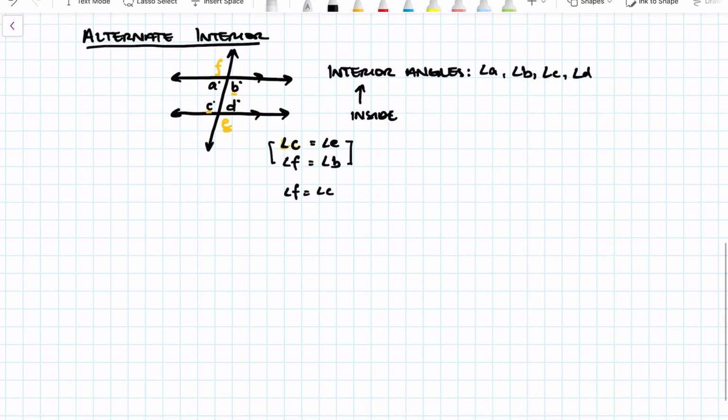So because of this, we've come up with a shortcut on what we can call these angles. So we call these alternate interior angles.